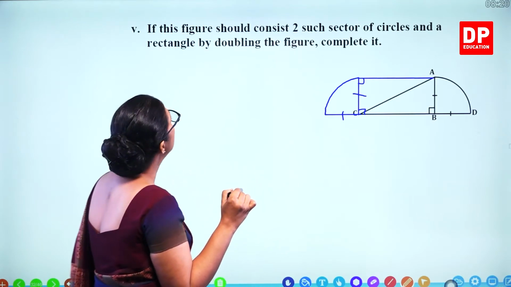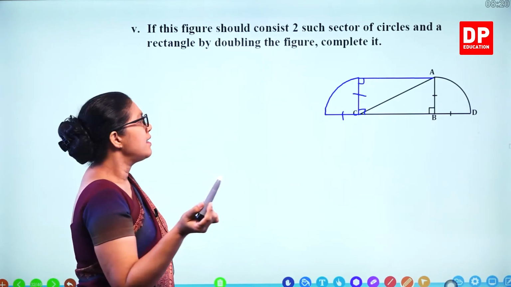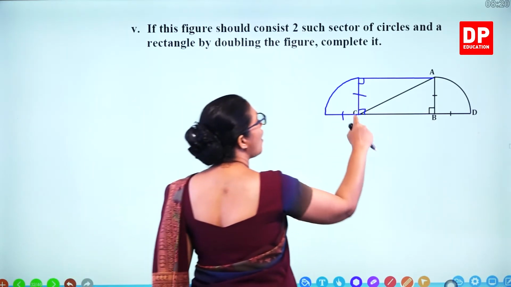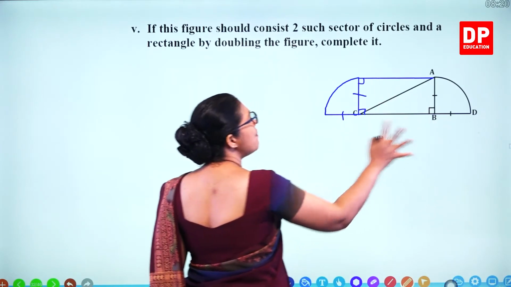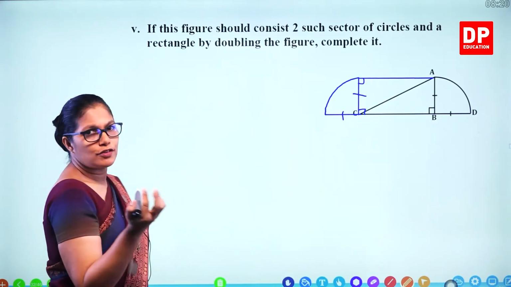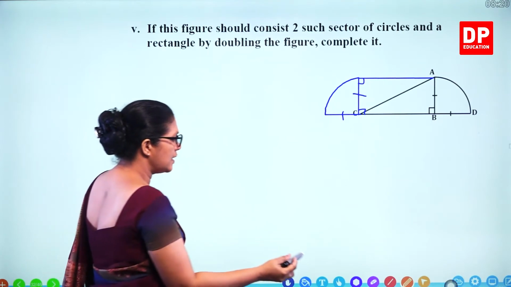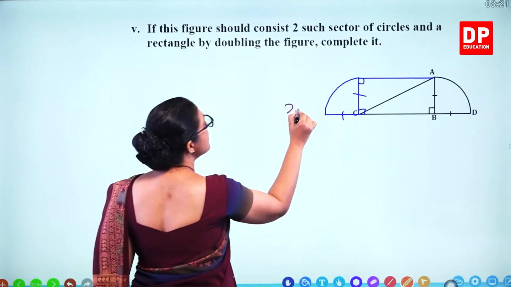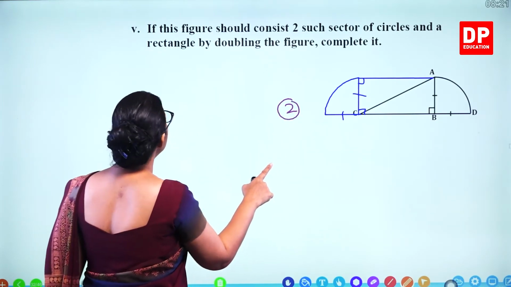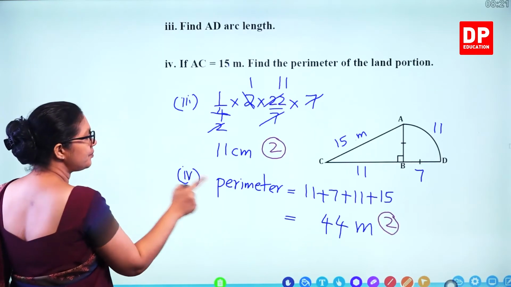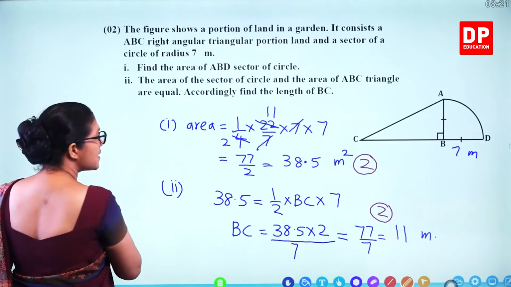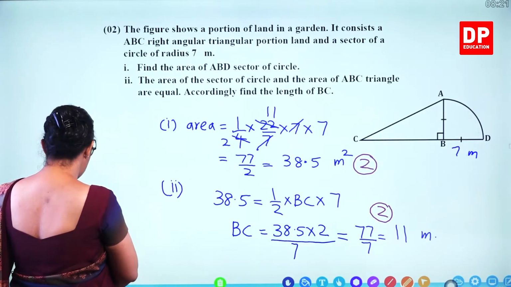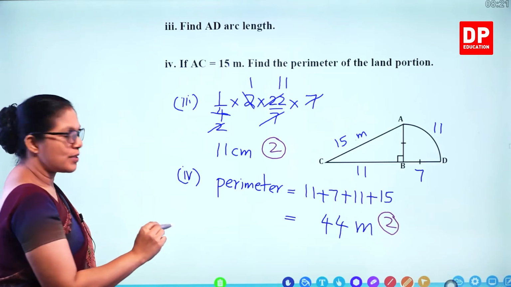So that's the figure you can get. You can draw this part down or any place that you like. So you get full marks for that. So 2 marks for this step. So we gave 10 marks, 2, 4, 6 and 4, 10 marks for the whole question.